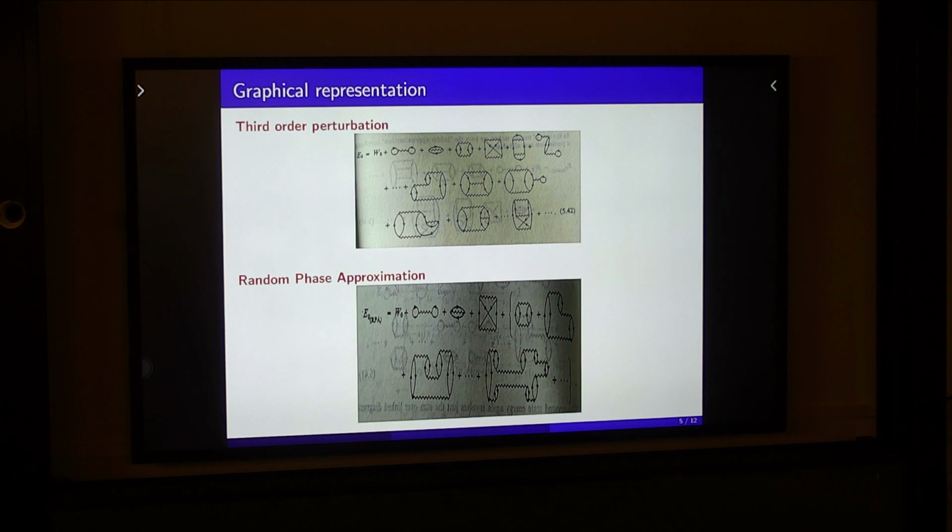So here I just took from a book. I don't remember exactly which one. So this is just perturbation theory.